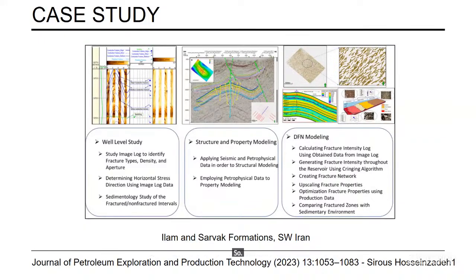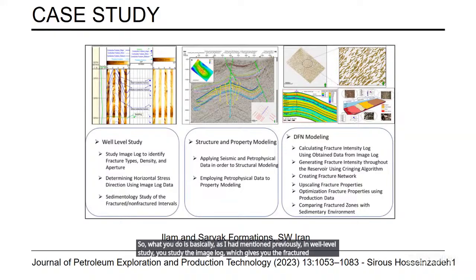As I had mentioned previously, in well level study, you study the image log, which gives you the fracture types, density, and aperture length. Then you determine the horizontal stress direction, and obviously the sedimentary units.